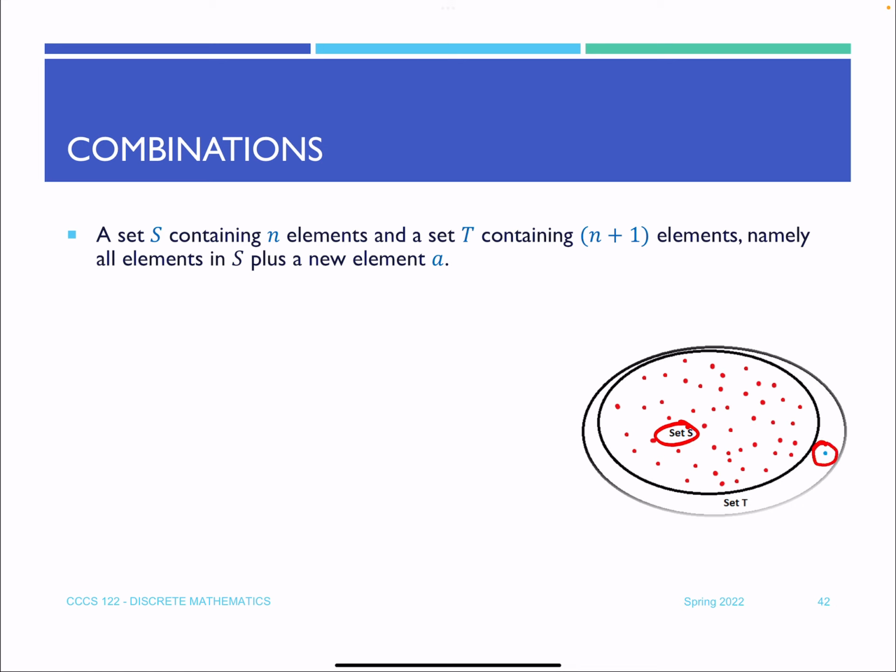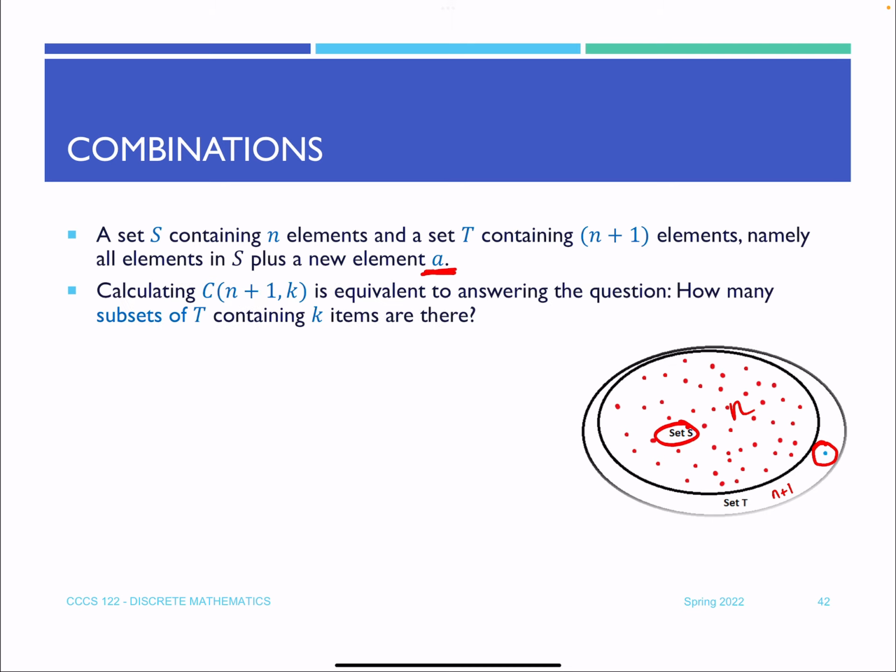So if set S contains n elements, set T contains n plus 1 elements: all the elements of S plus a new element that we're naming small a. So you can calculate C of n plus 1, basically selecting k elements out of this larger set T.